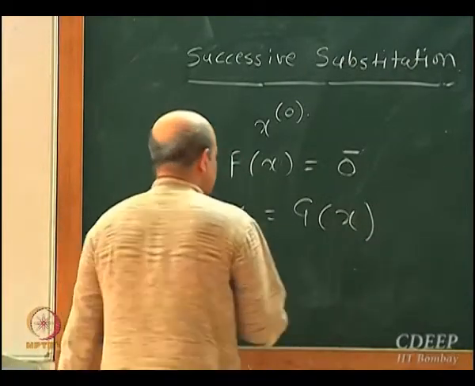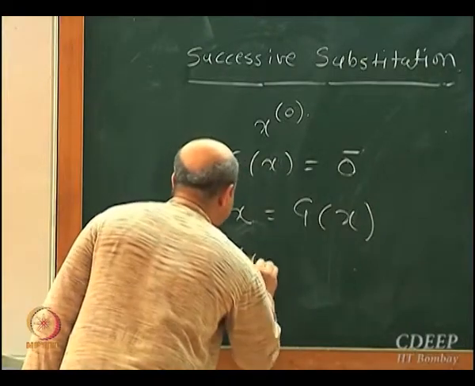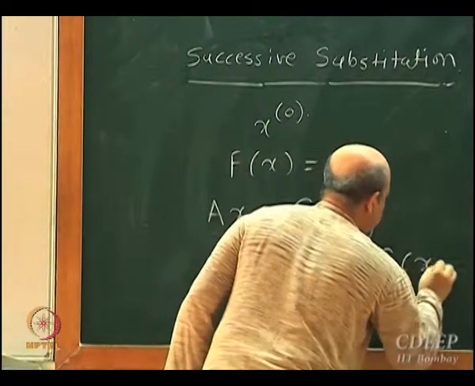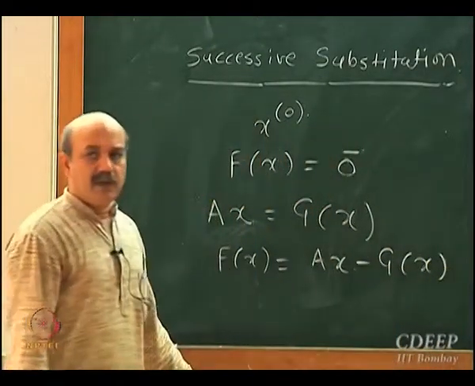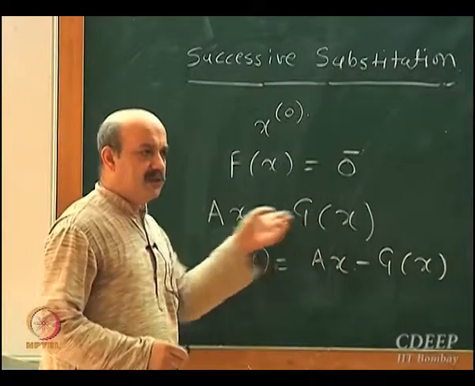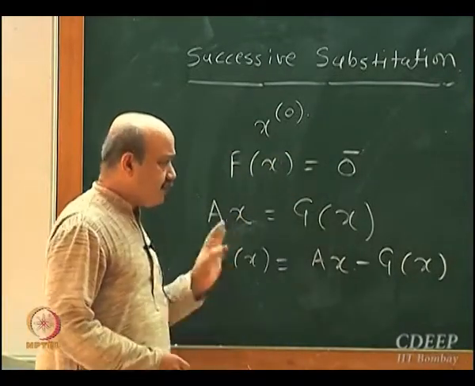So actually, f of x is nothing but A x minus g of x. Trying to solve f of x equal to 0 in this particular case reduces to this problem.